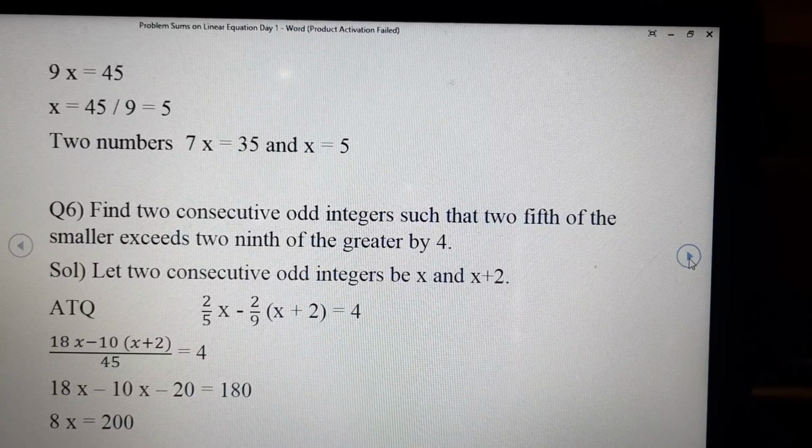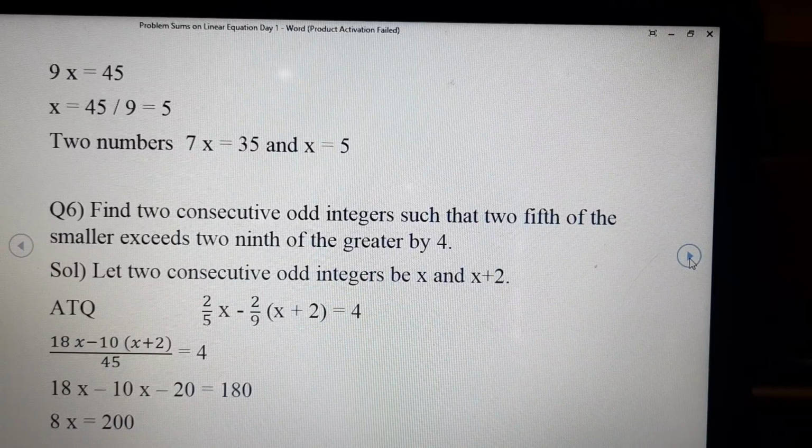These are consecutive. And if I ask you two consecutive even numbers, then x, x plus 2, x plus 4, very easy. But if I ask you two consecutive odd integers, they will also be x, x plus 2, x plus 4, x plus 6.